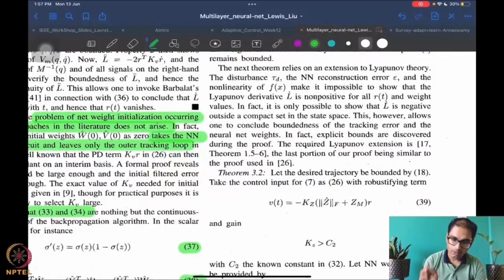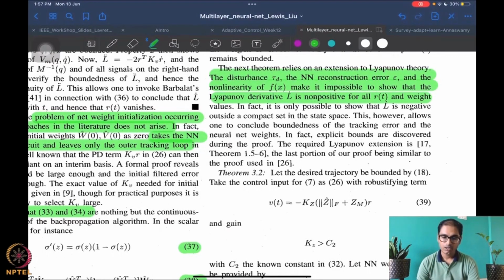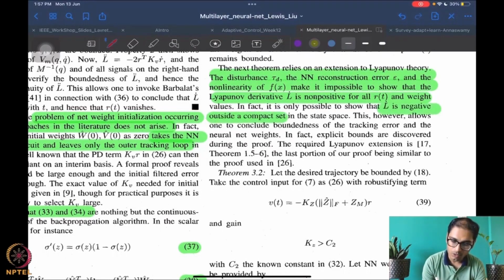So this is what is going to be detailed in the second theorem. Of course, the disturbance tau d and the reconstruction error make it impossible to show that L dot is non-positive for all R. So you can only show that L dot is negative outside a compact set.